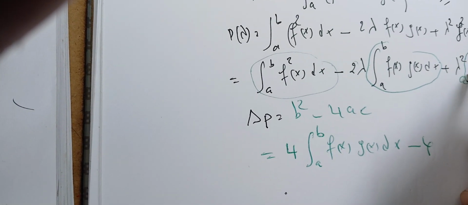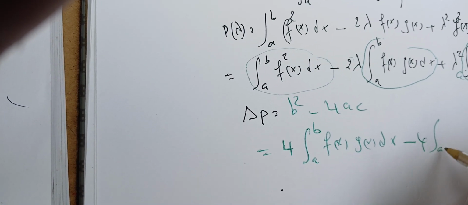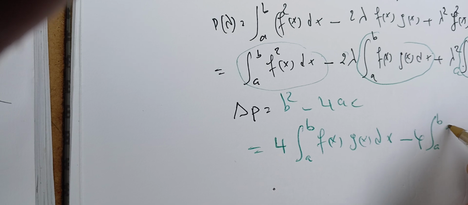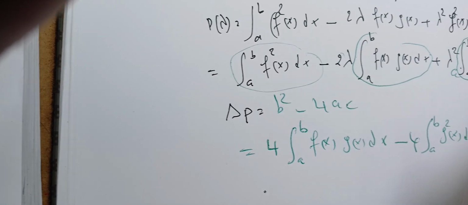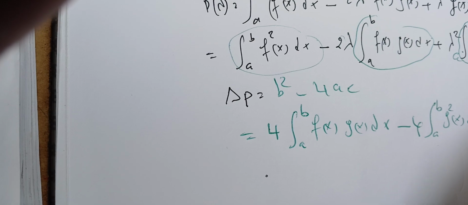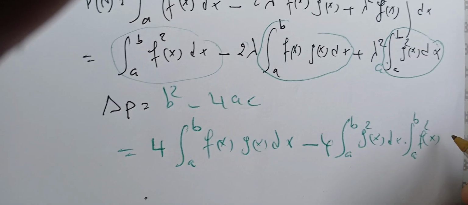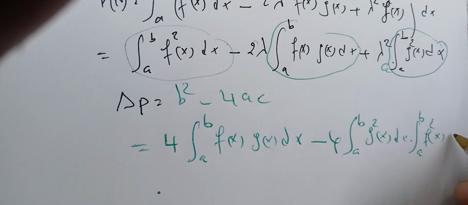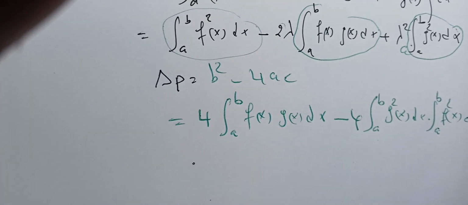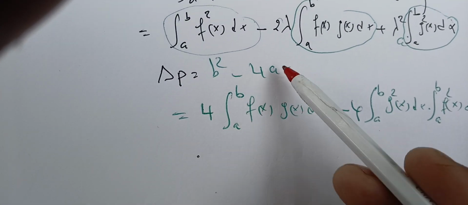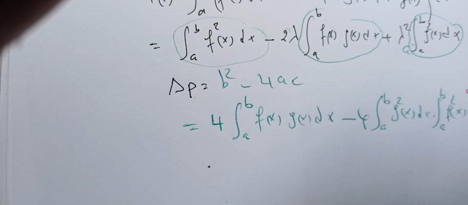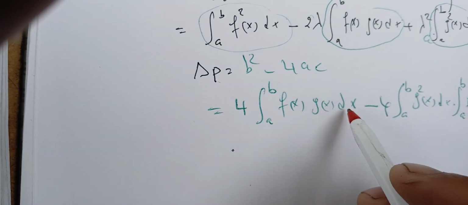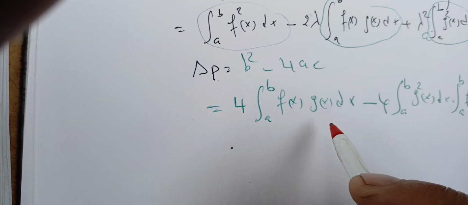A is the integral between a and b of g squared dx, times c, which is the integral between a and b of f squared dx. Note that since the polynomial is positive, delta is going to be less than or equal to 0.